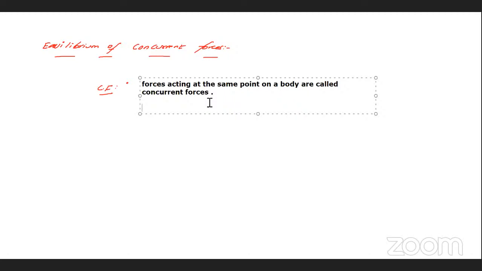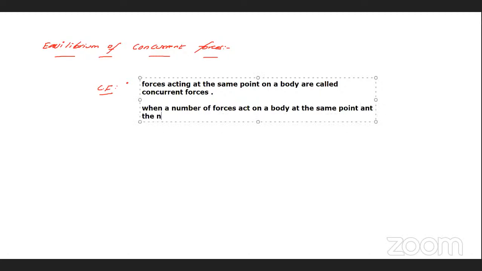When a number of forces act on a body at the same point, and the net unbalanced force will be zero. Unbalanced force is zero. Just remember it.